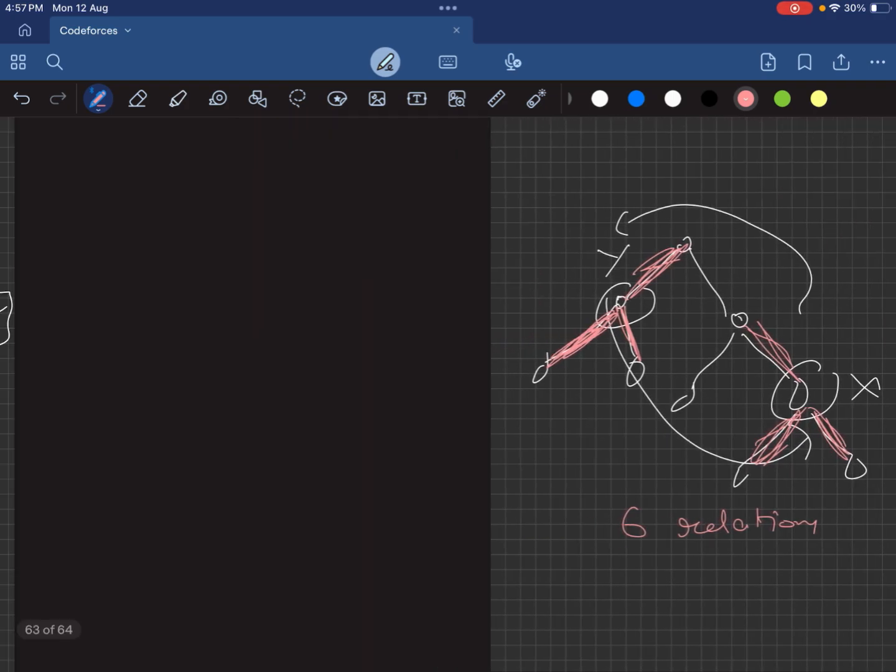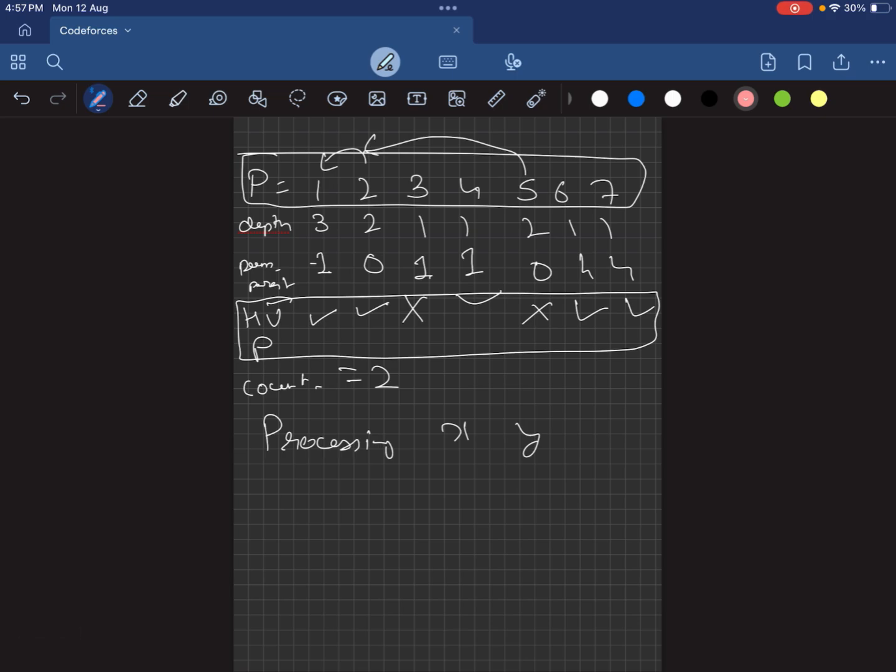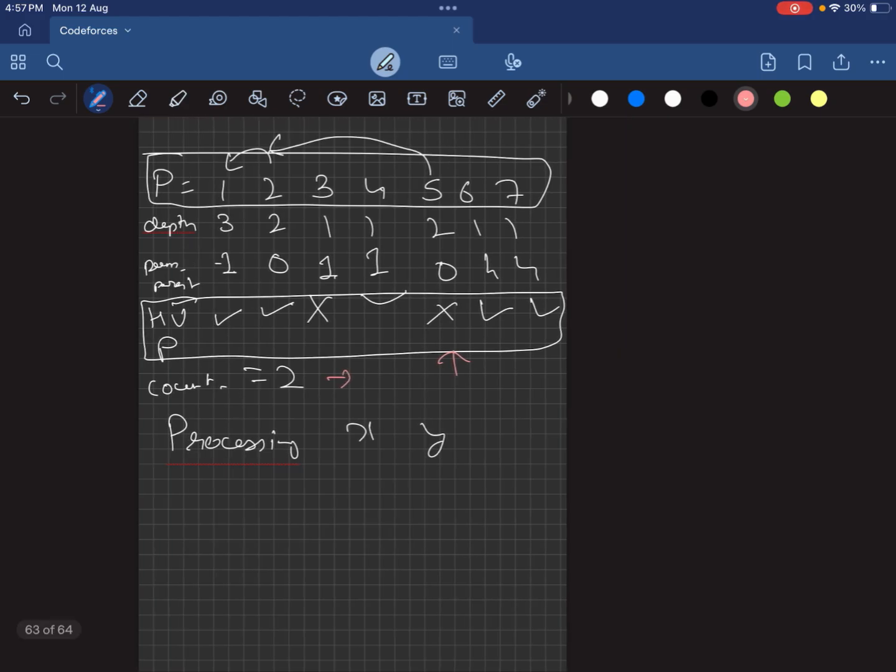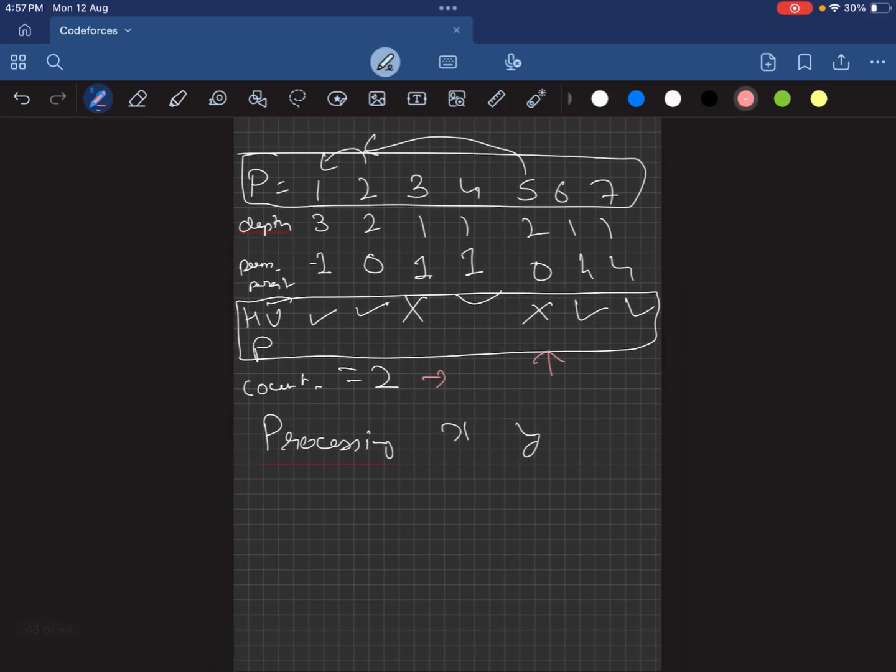Based on that, we can update this has valid parent array and update the count based on how many are fixed and how many are not. Because at max only 6 are getting hampered at a point. If count is equal to 0, which means the permutation that we have is a valid permutation, we'll print yes, else we'll print no.